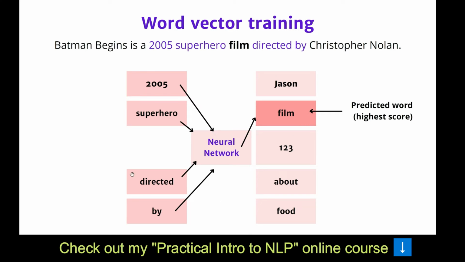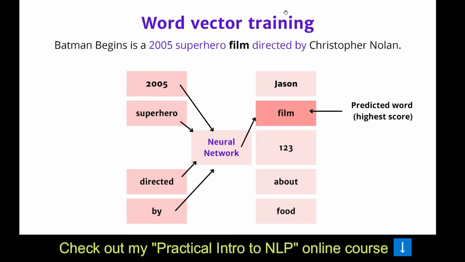Then assume that there is a neural network. You don't really need to understand what this neural network does at the moment. All you can assume is that it's kind of like a black box. So given the surrounding words for this sentence, for example 2005, superhero, directed and by, if you give those words as input to this neural network, it should be able to predict the missing word, which is film.